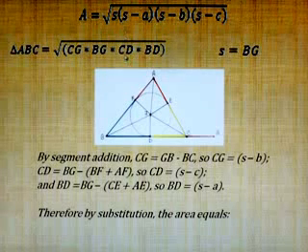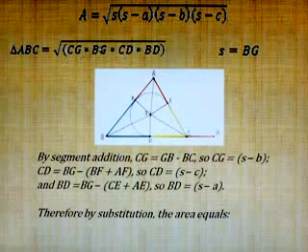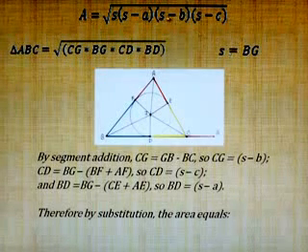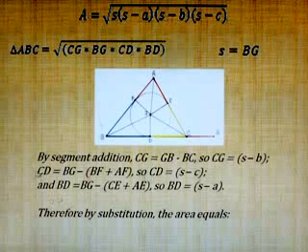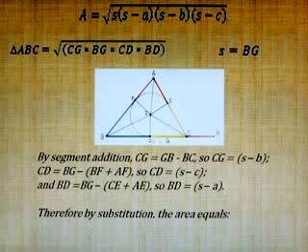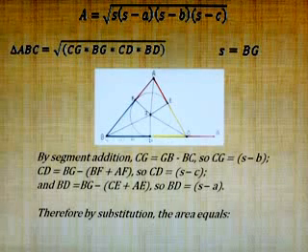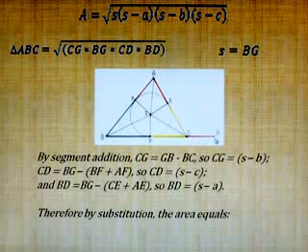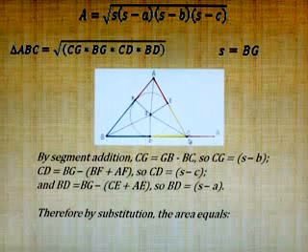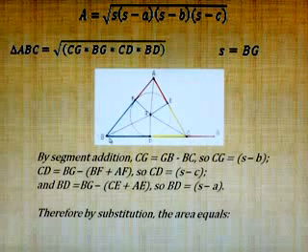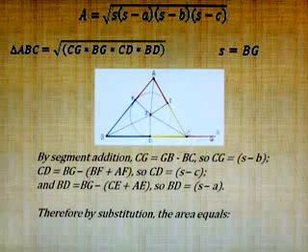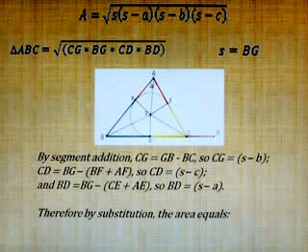So, let's look at CD. We already know what BG was. It is S. Okay? So, now let's look at CD. Well, CD is this yellow line right here. So how could we get that? Well, if we took the semi-perimeter, which was BG, and we subtracted out BD and CD. But look, BD is the same as BF, and CG is the same as AF.